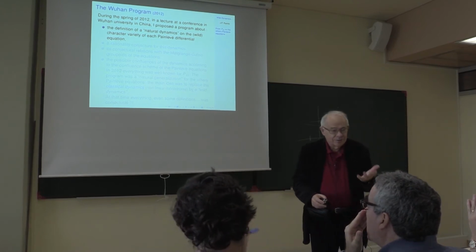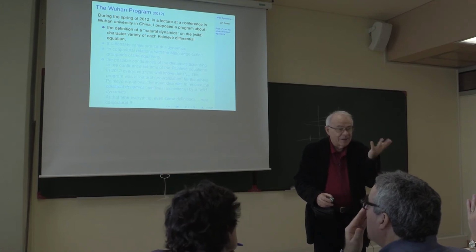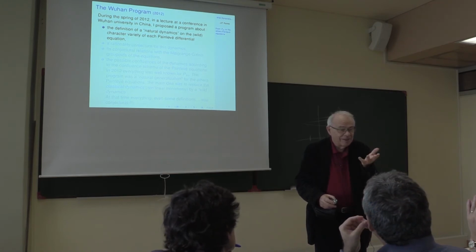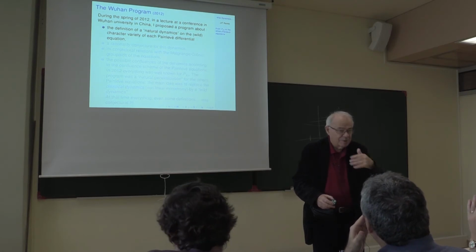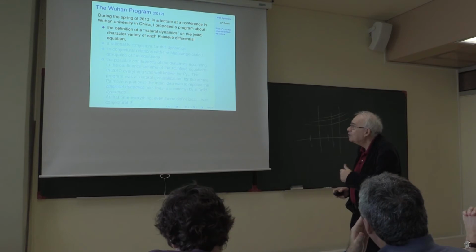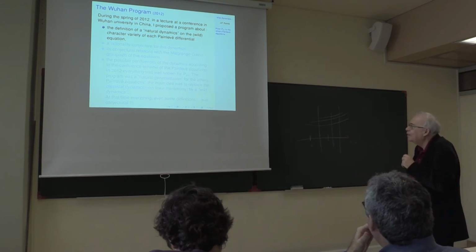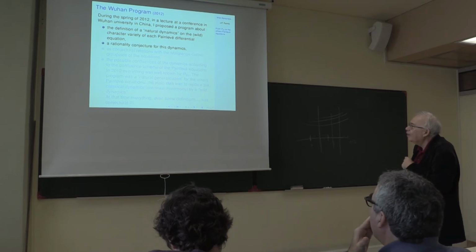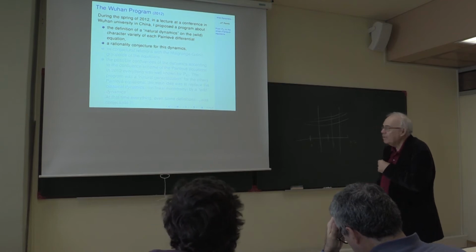Okay, so the first steps, I just described roughly how to get a natural dynamic on the smooth cubic of P6. So the first idea now is to define a natural dynamic on the wild character variety of each Painlevé equation.